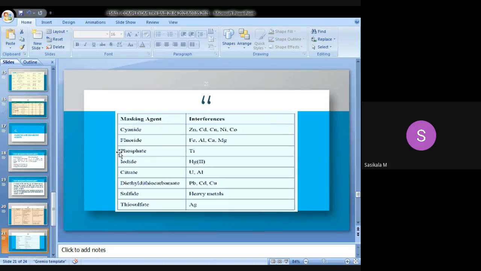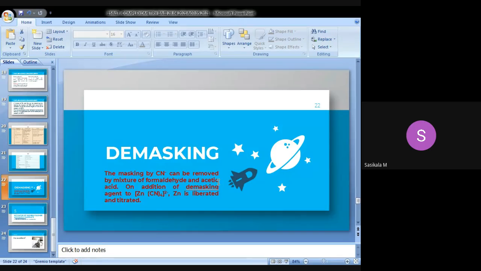Here you can find some classes of masking agents: cyanides, fluorides, phosphates, iodides, citrates, diethyl dithiocarbamate, sulfide, thiosulfate. These are different classes of masking agents, and they form complexes with interfering metals and mask the metal so it does not interfere in the titration.